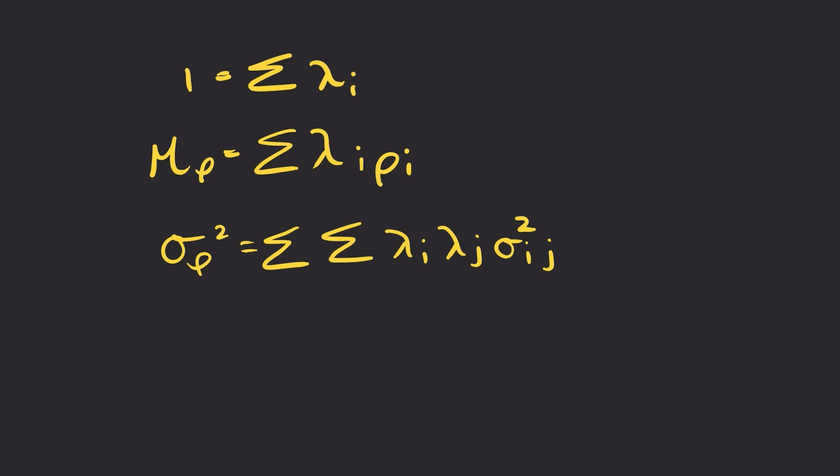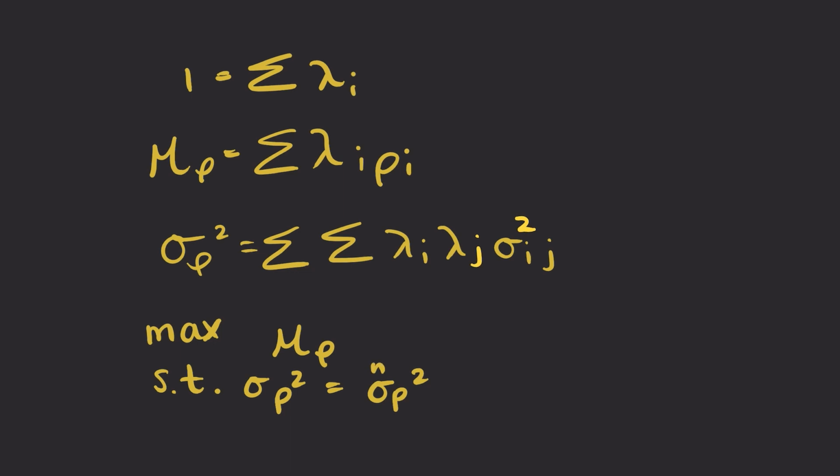And what I want to do is define my optimization problem. I want to maximize the portfolio mean subject to the condition that the portfolio variance equals some fixed number.